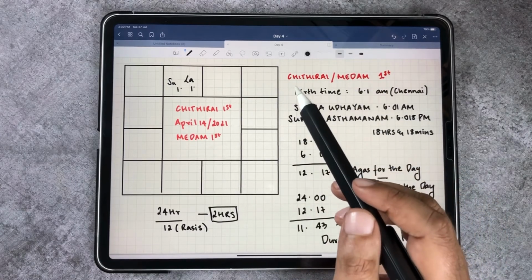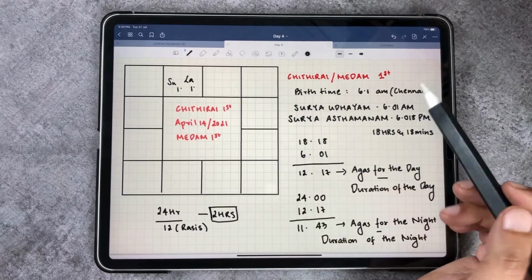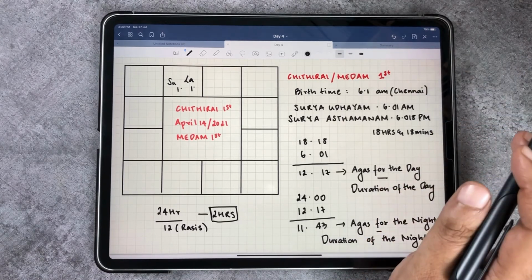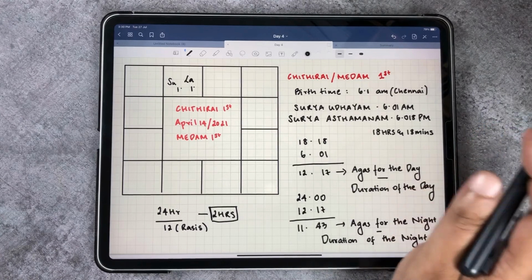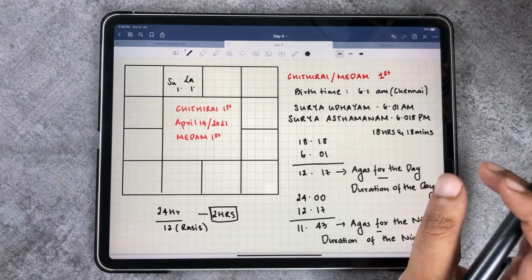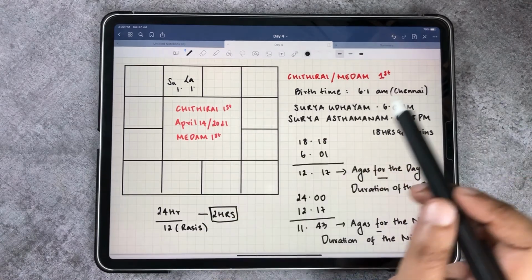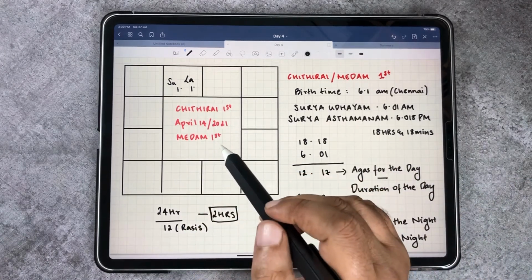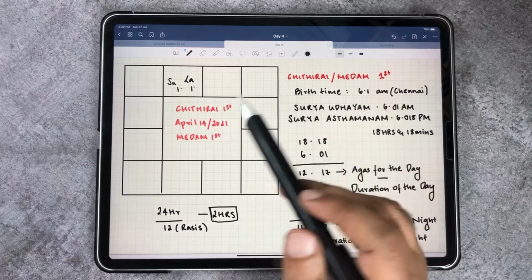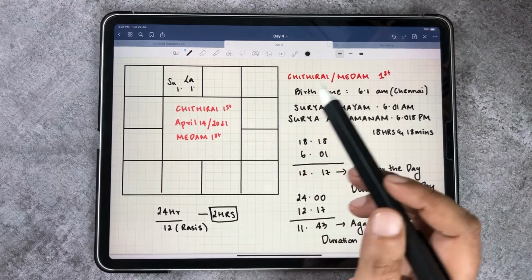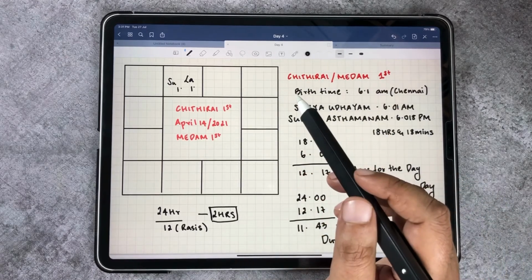So I have taught you how to see the Surya Udayam using the Panchanga. For those of you who don't have the Panchanga, you can look into the same in the Google search engine. So based on the position of the sun, we calculate the Lagna. The Lagna would remain in one Rashi for an approximate 2 hours. Sometimes it can be 2.5 hours, sometimes it can be 1.5 hours. We will cover that in detail in the later sessions, as I told you.